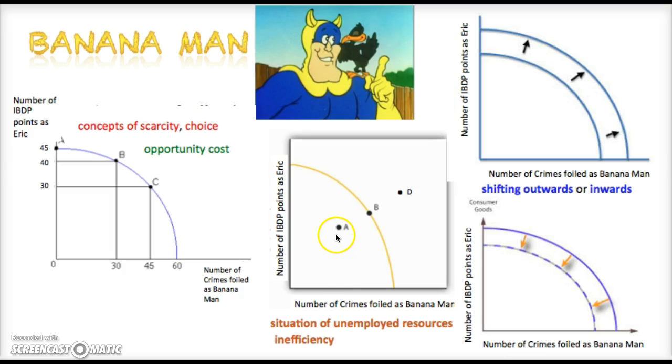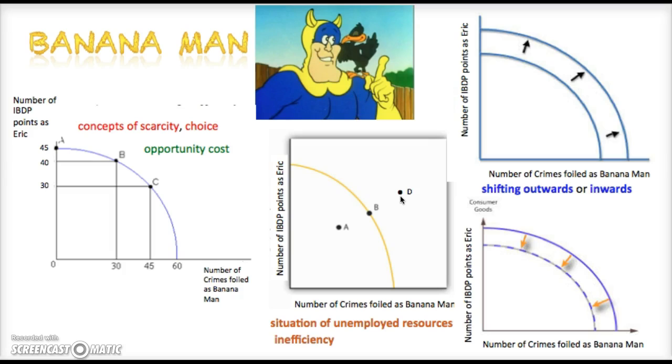Now for some of you, if you want to get big brownie points and impress me, maybe find out what sort of efficiency happens at point B. So this is when he's producing as much as he can. He can't possibly produce any more. Point D here is impossible at the moment.